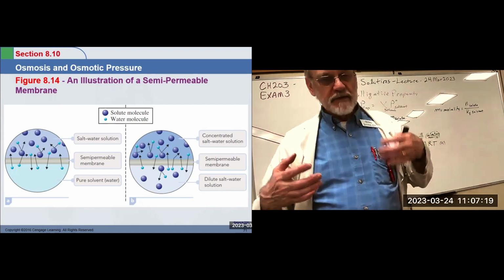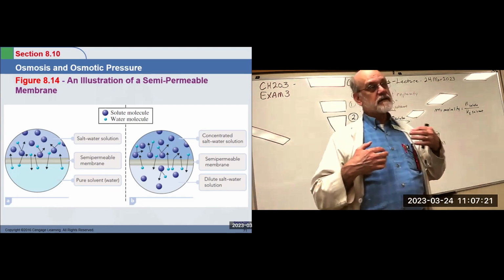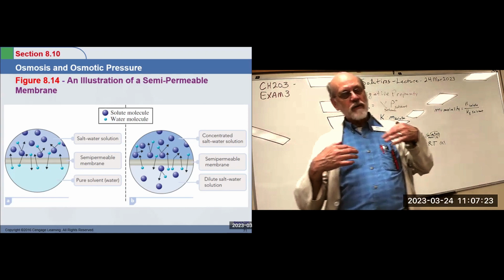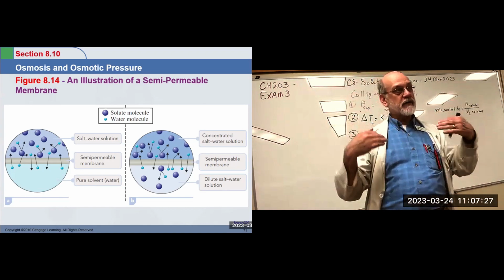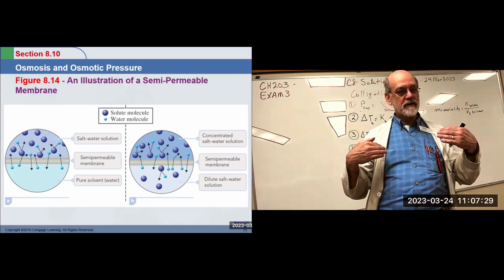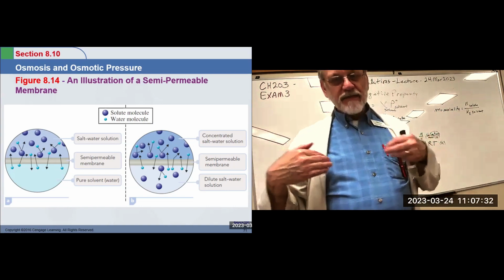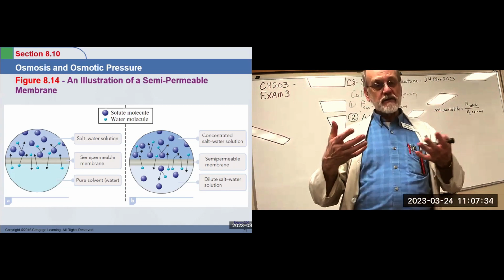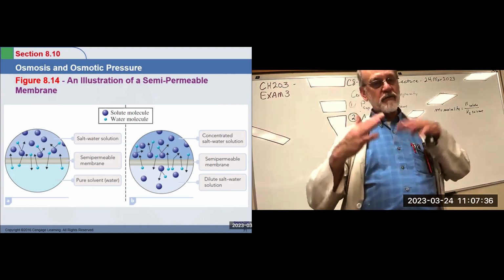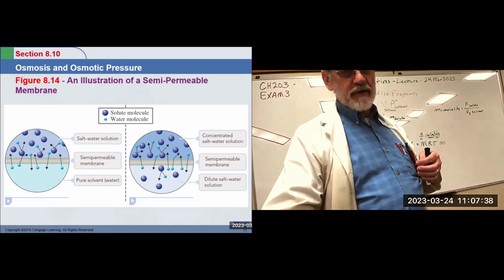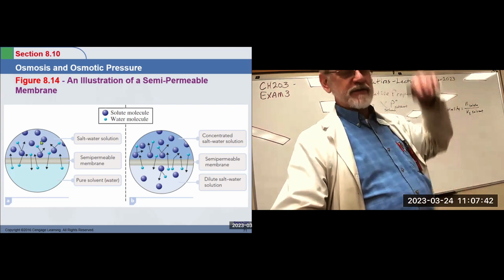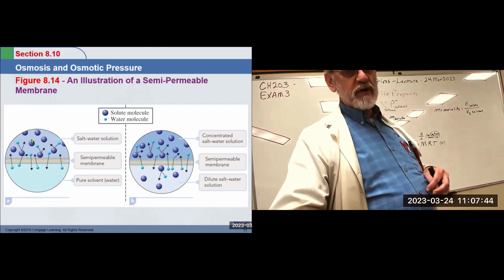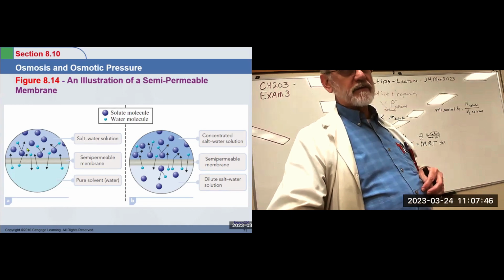So the speed of the movement of water molecules from the pure side is higher than it is from the other side with the solution. And that keeps going until you get a balance of pressure. So eventually you get enough pressure up here as the level rises, so that you can balance the rates.